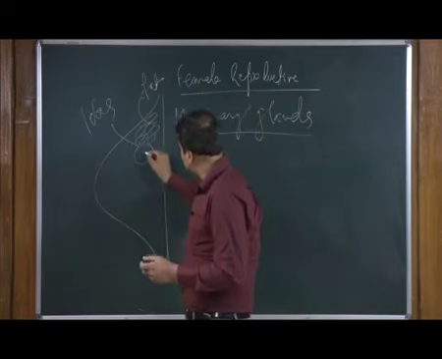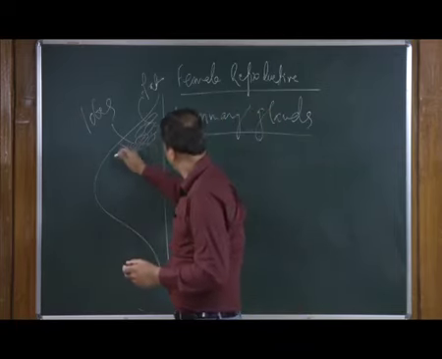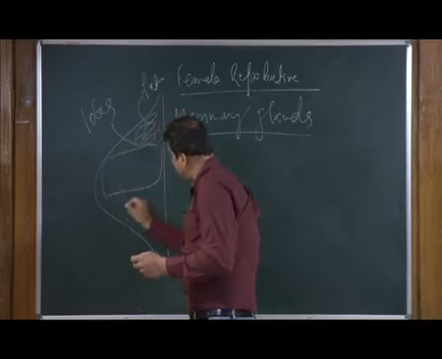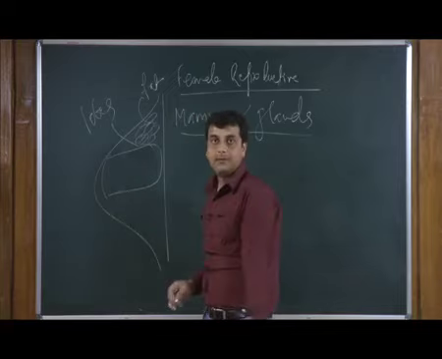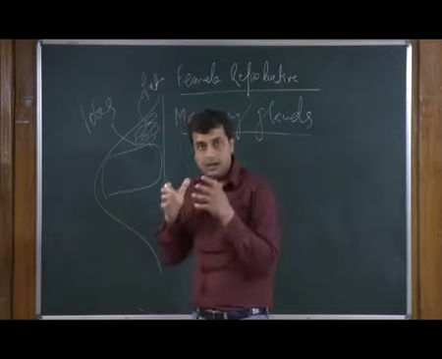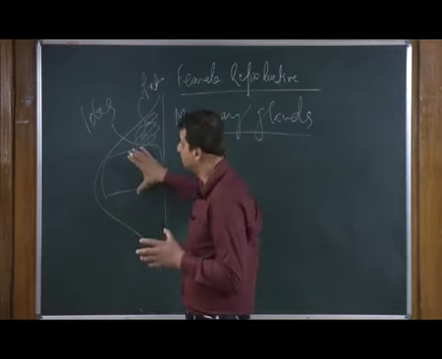This is a big lobe, and similarly we have a lot of lobes. I am drawing it in a bigger form to get a proper understanding. This is an individual lobe of the mammary gland.